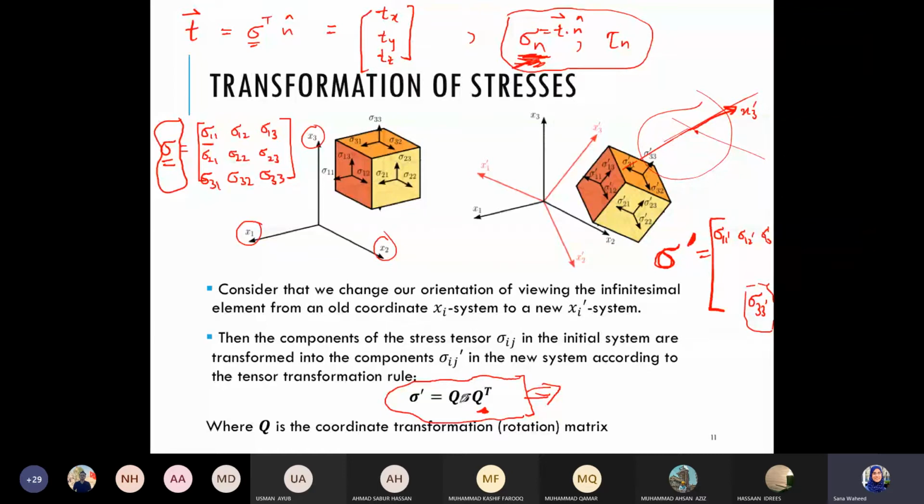What Q actually is, is a rotation tensor or rotation matrix which incorporates the effect that if I do some series of rotations from my original coordinate system and come to this new coordinate system, then how did that happen? That is contained inside this Q.